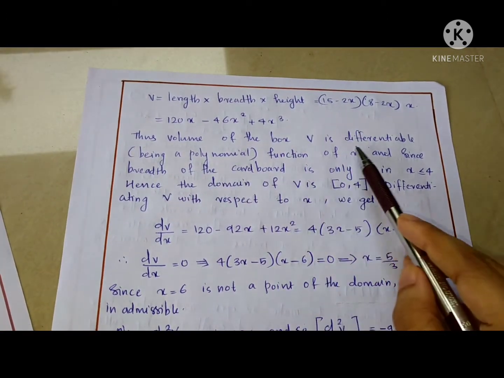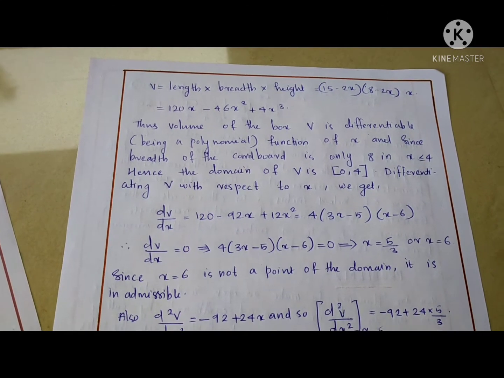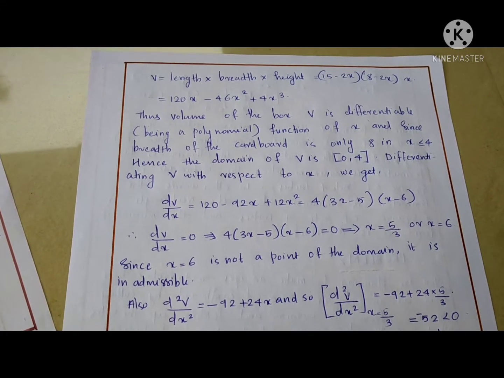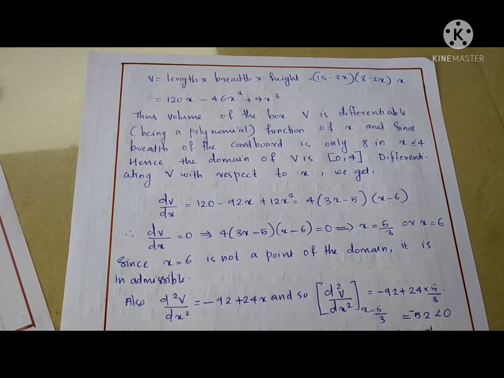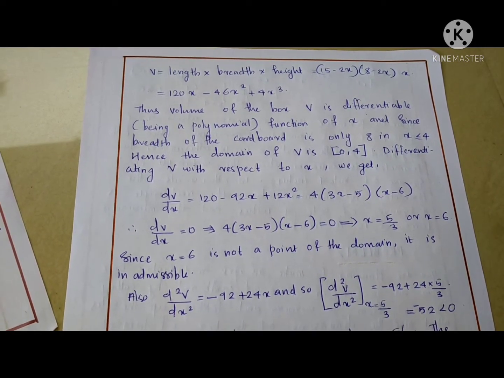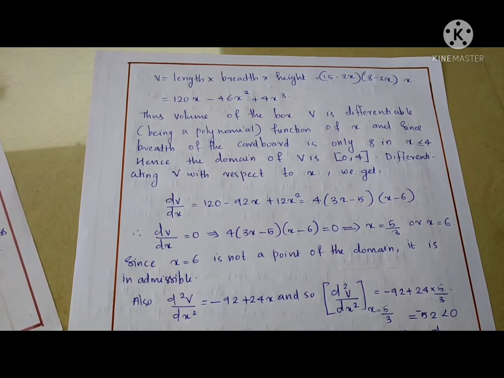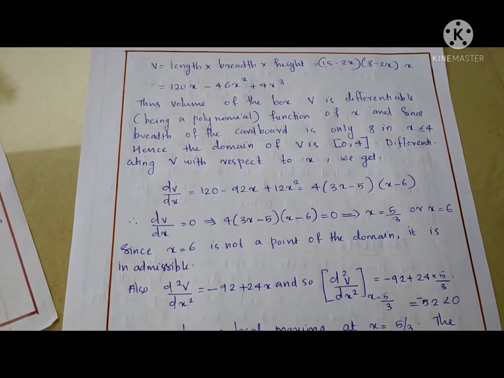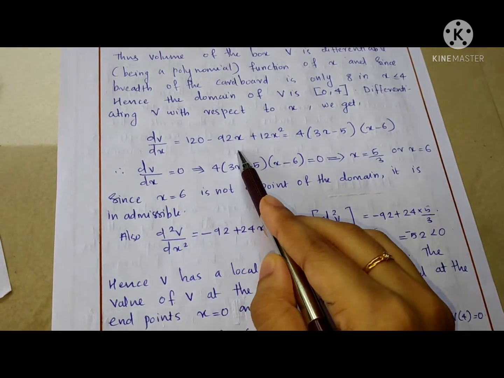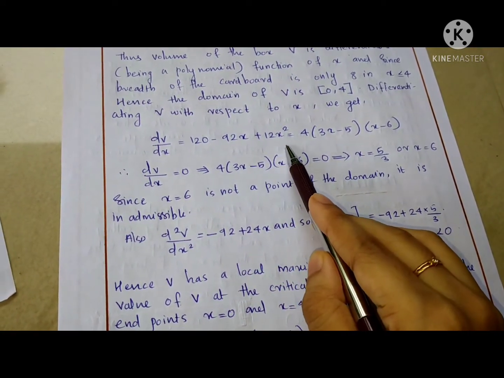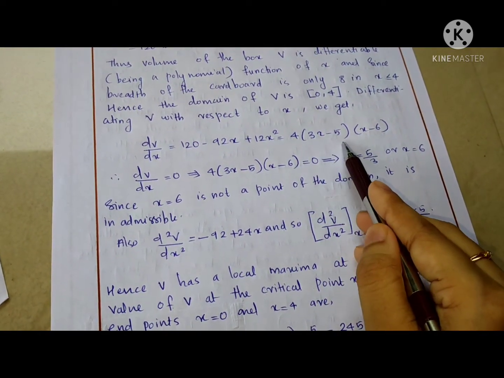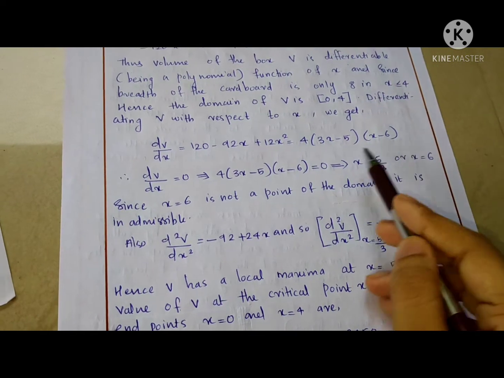The volume of the box V is a differentiable function of x, and since the breadth of the cardboard is only 18, x lies between 0 and 9, hence the domain of V is a closed interval. Differentiating V with respect to x, we get dV by dx equal to 120 minus 92x plus 12x square, is equal to 4 into 3x minus 5 into x minus 6.